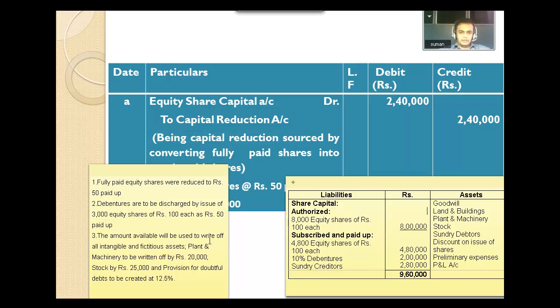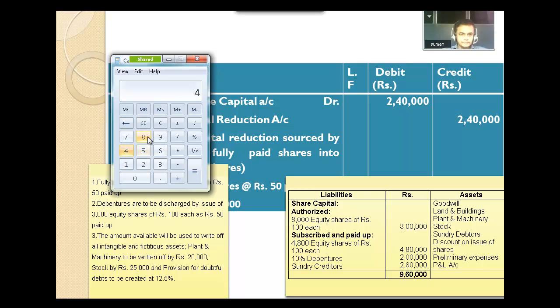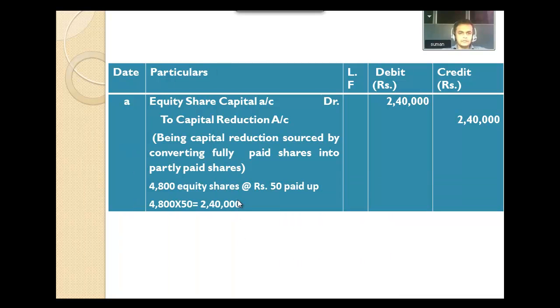These 4,800 equity shares should be reduced to 50 paid up. So 4,800 multiplied by 50 gives us 2,40,000. Our journal entry will be: equity share capital account debited with 2,40,000, and capital reduction account credited with 2,40,000. Clear? Any doubt? No doubts.